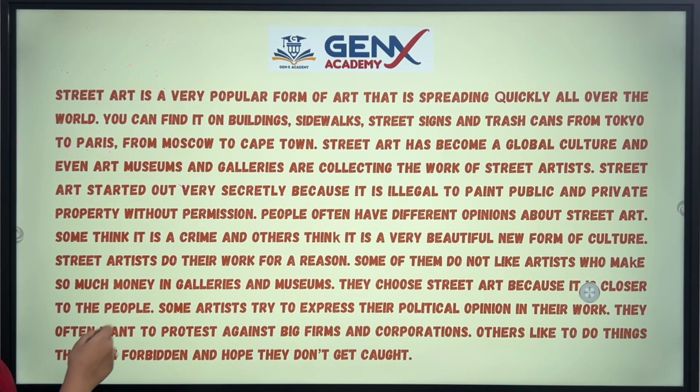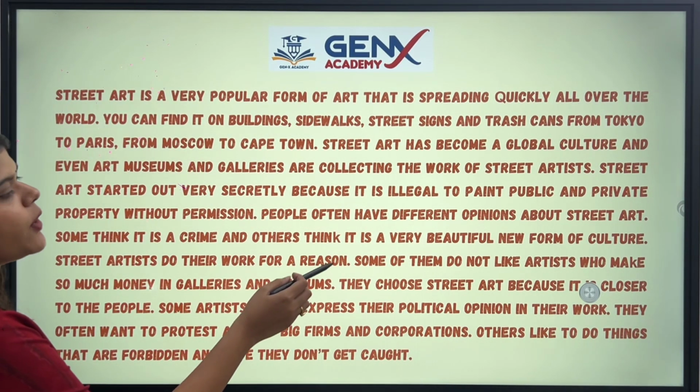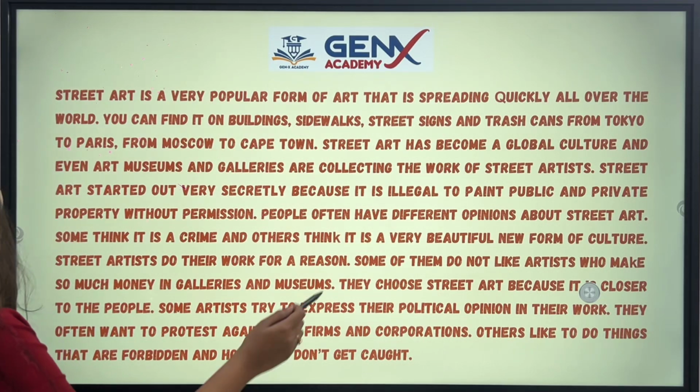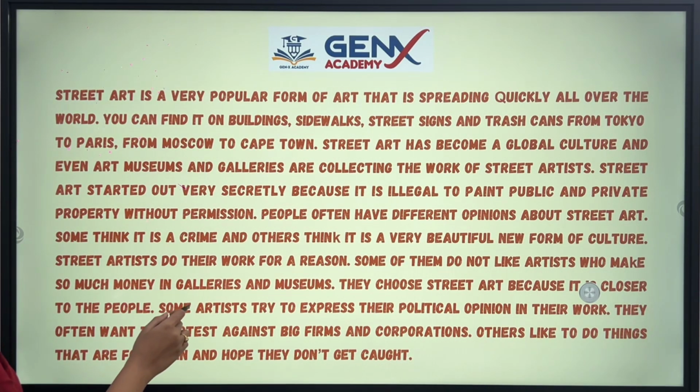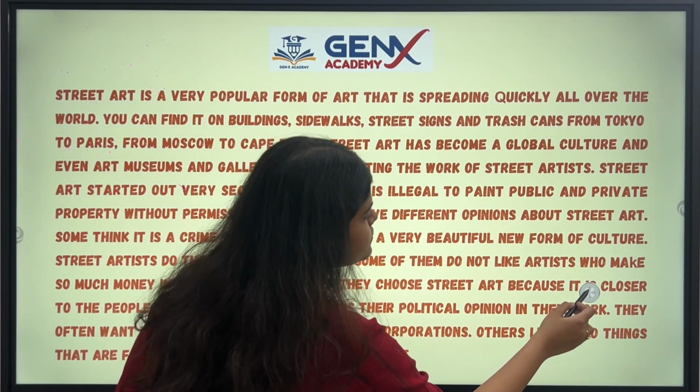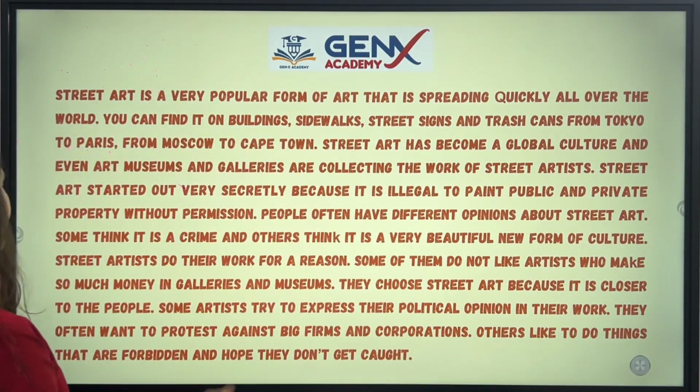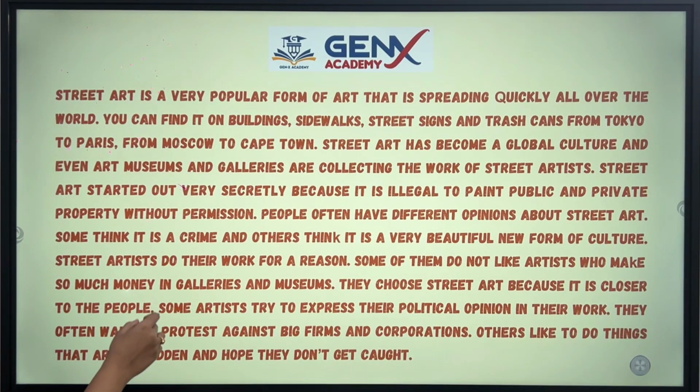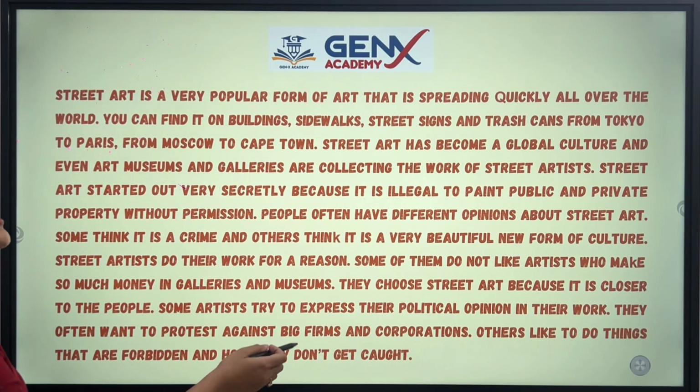Street artists do their work for a reason. Some of them do not like artists who make so much money in galleries and museums. They choose street art because it is closer to the people. Some artists try to express their political opinion in their work.